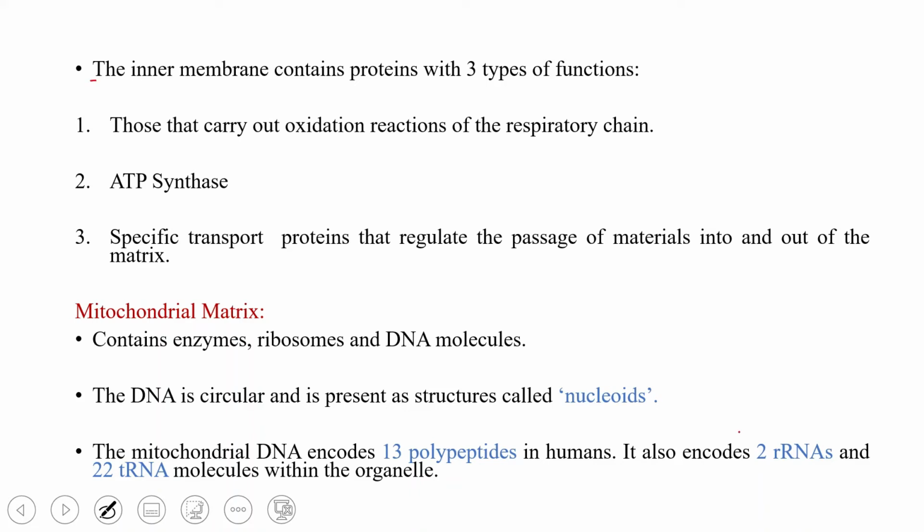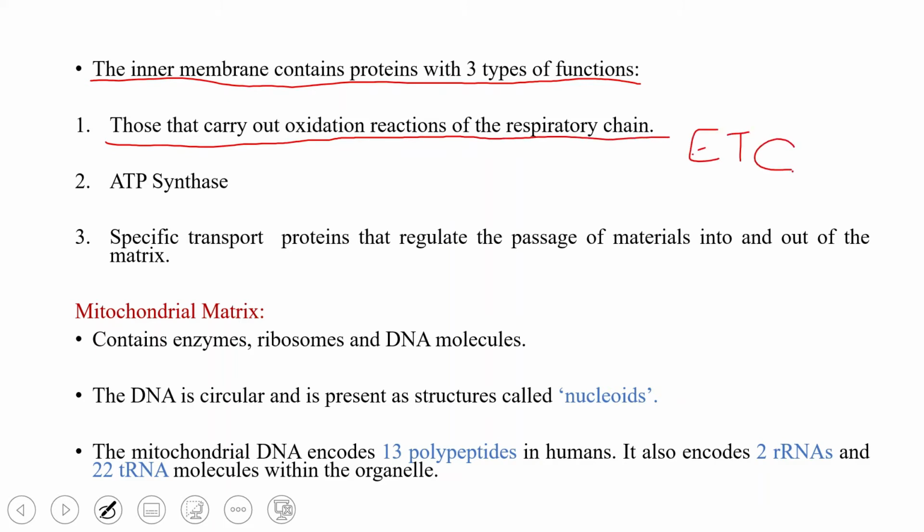Now the inner membrane has proteins with 3 types of functions. First, I just told you, the proteins that are required to carry out the oxidation reactions of the respiratory chain, that is the electron transport chain. Next, it has an ATP synthase complex, which is nothing but the F0, F1 particle, which is required for ATP synthesis.